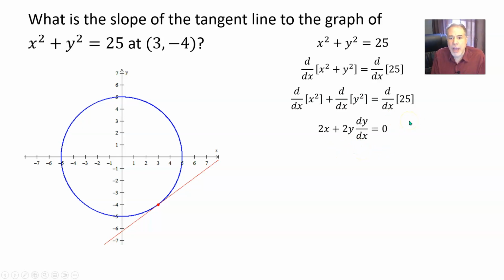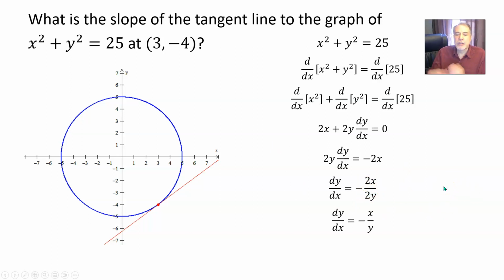Meanwhile, on the other side, we took the derivative of 25, and of course the derivative of a constant is 0. So now we have 2x plus 2y dy dx equals 0. I can subtract 2x on both sides, divide both sides by 2y, and then simplify that fraction by dividing out that common factor of 2, and so I get that dy dx equals negative x over y.